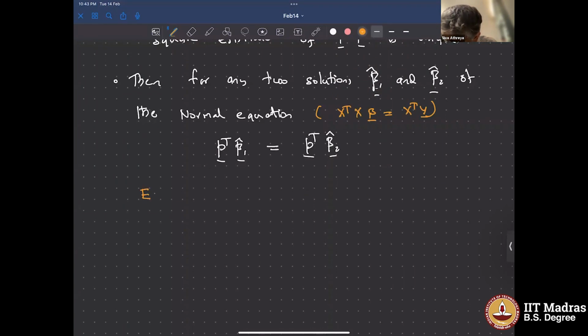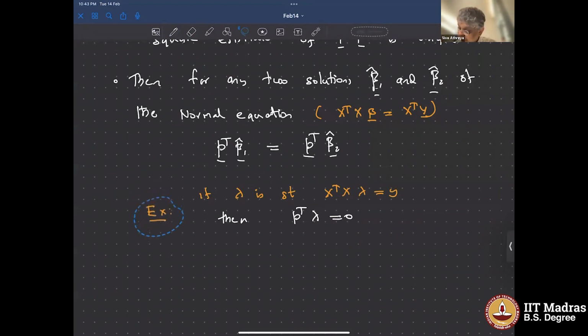Suppose lambda is in the null space of X transpose X, such that X transpose X lambda is 0. Then P transpose lambda is also 0.